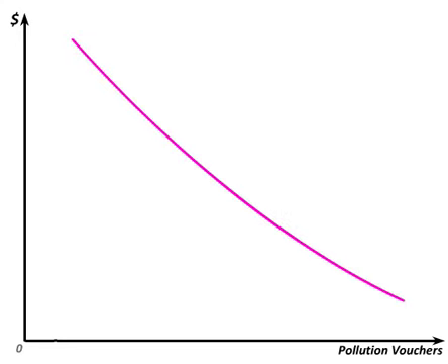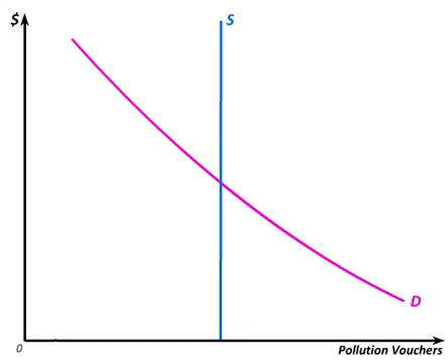Demand for pollution vouchers then comes from firms who use pollution-emitting production processes. Some will have a greater willingness to pay for such vouchers, and some will have a lower willingness to pay depending on how much emissions they produce and on how easy it is for them to reduce the emissions by simply putting pollution-abating technologies in place.